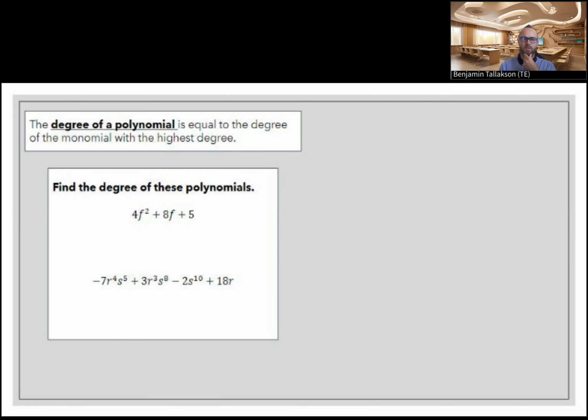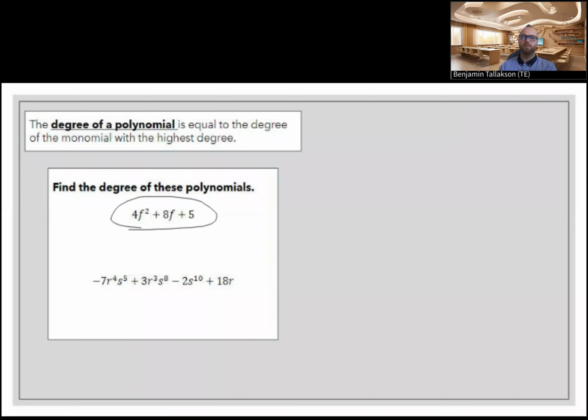So try to solve these. Think about the way we just found the degrees. Again, there's just more of it. So here's a term, right? Technically, do you know what this is called altogether, this whole polynomial?